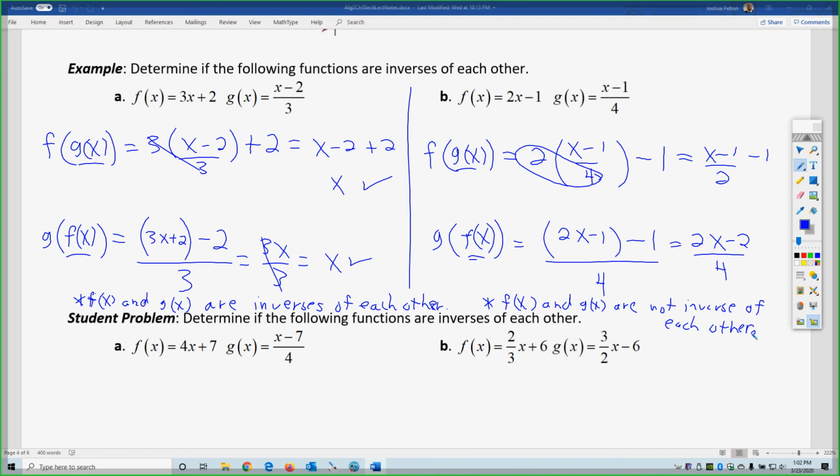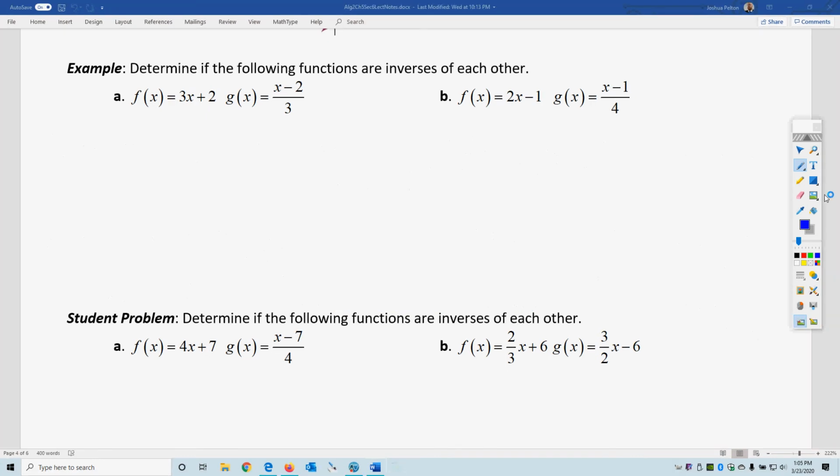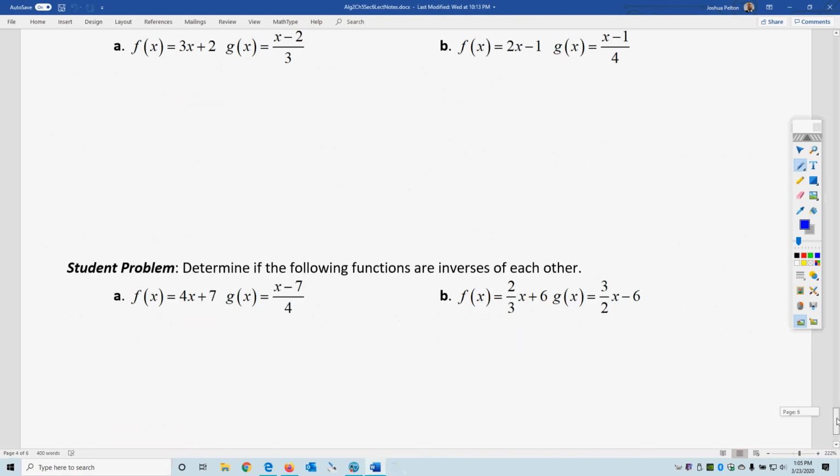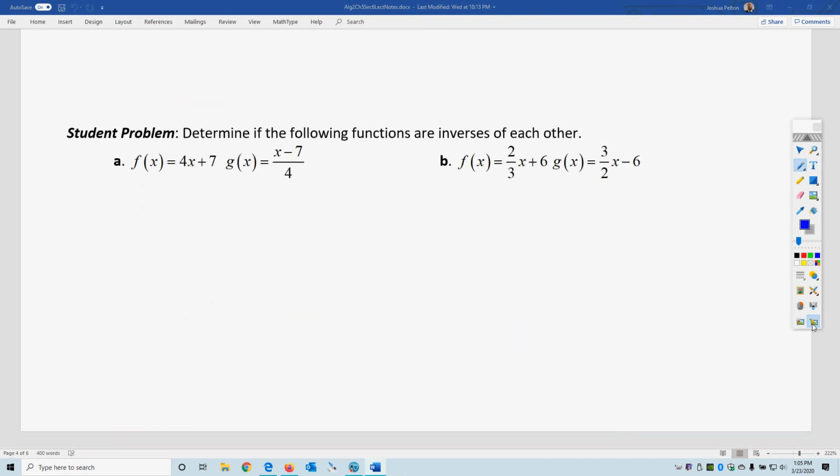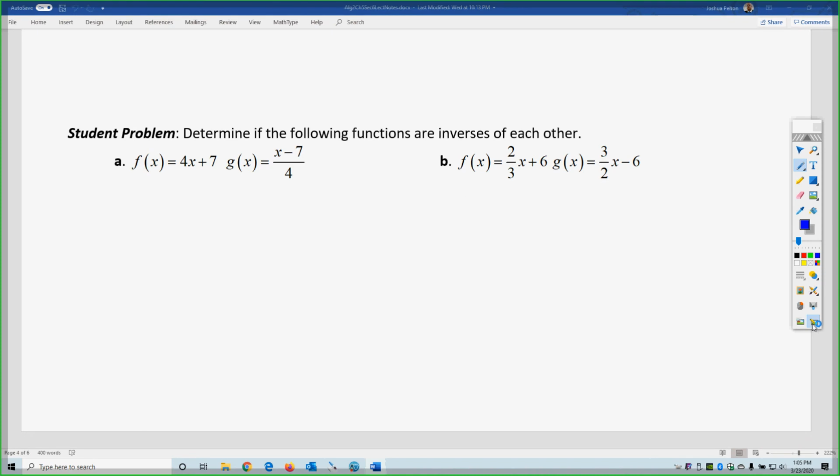All right, try the student problems. Okay, let's try these. So we have f of g of x and g of f of x. So f is 4x plus 7, and g is (x minus 7) over 4.